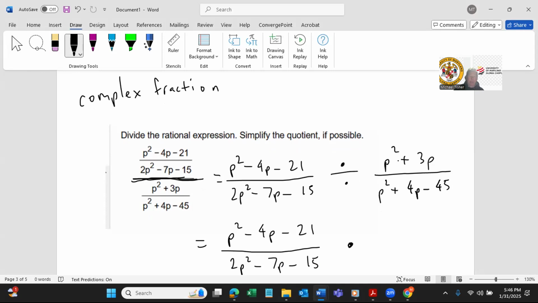And then we want to get the reciprocal of the second fraction, p squared plus 3p all over p squared plus 4p minus 45. To do that, we interchange the numerator and denominator. So p squared plus 4p minus 45 will go on top, and p squared plus 3p goes on the bottom.